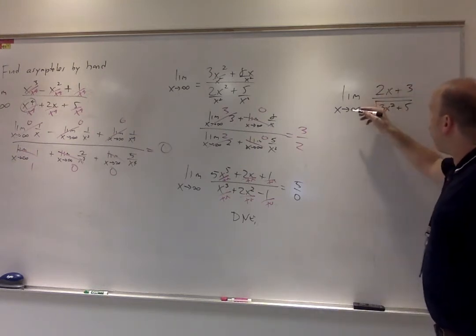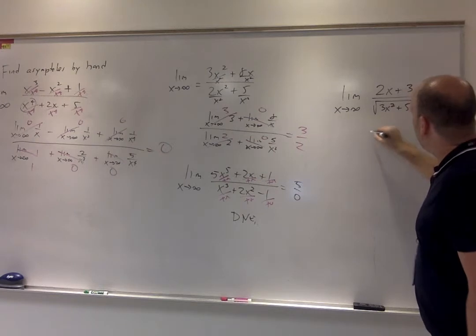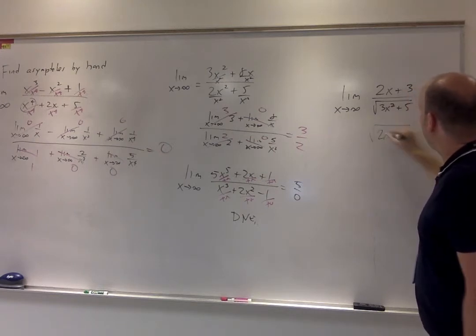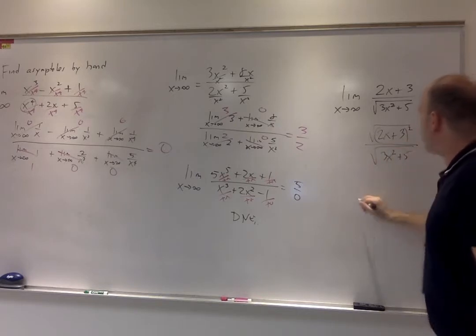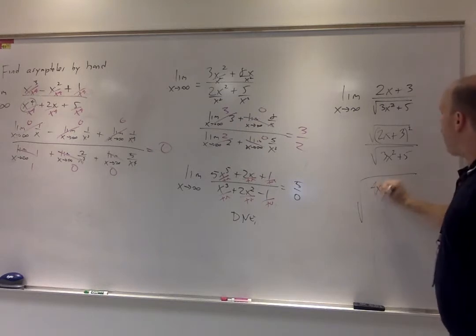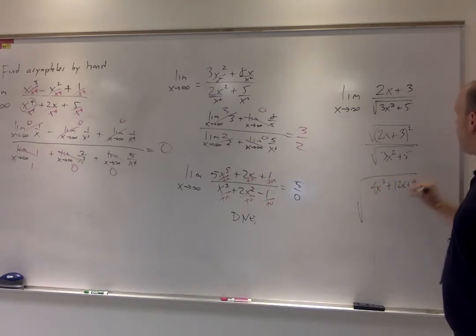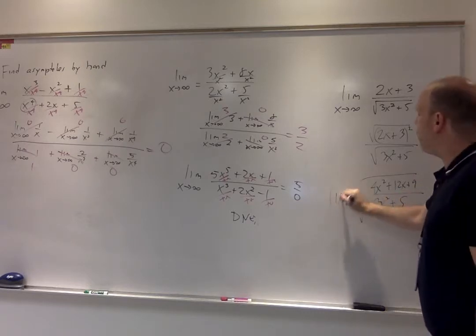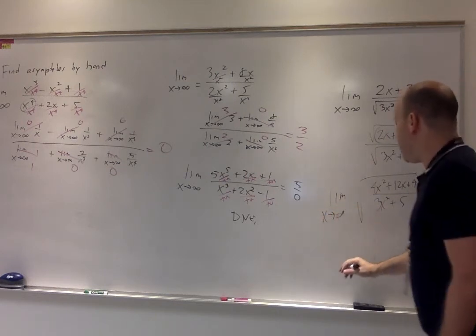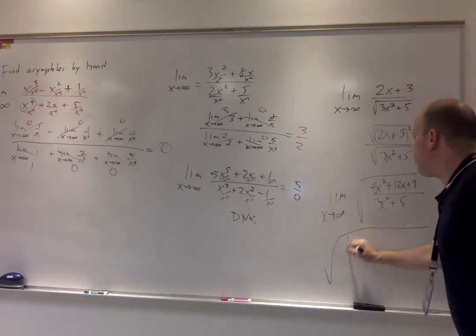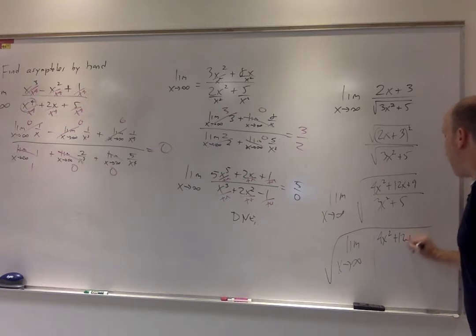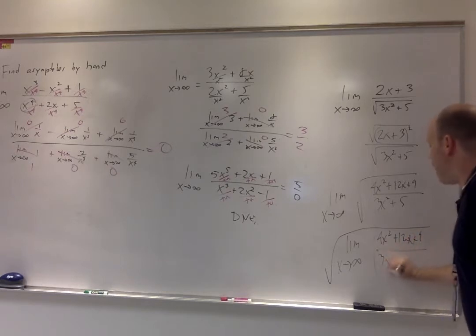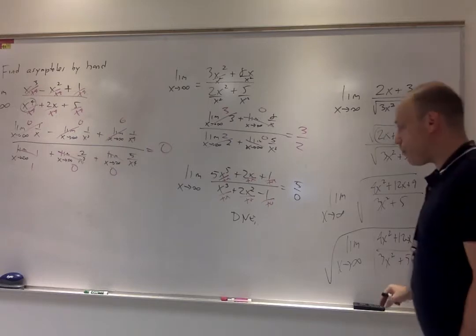You can either go old school and rewrite this as the square root of 2x plus 3 squared over 3x squared plus 5, which is the square root of 4x squared plus 12x plus 9 over 3x squared plus 5. And therefore, the limit of this as x goes to infinity is equal to the square root of the limit as x goes to infinity of 4x squared plus 12x plus 9 over 3x squared plus 5. Right?